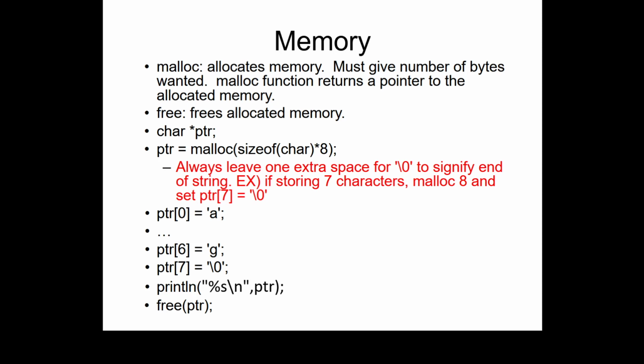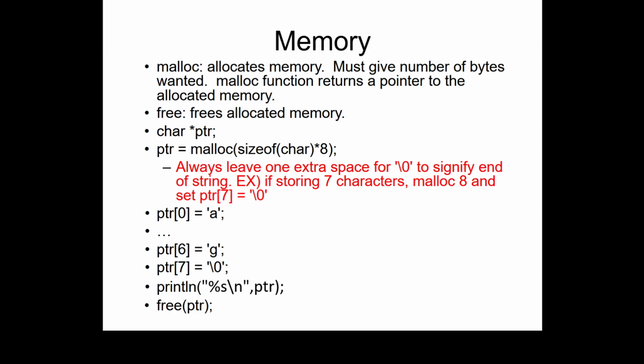Well, you could create a character pointer, right? That's all arrays and strings are, is pointers. You can set it equal to malloc, and then sizeof char. Note that this is a character pointer, so we want to allocate a size of char, which is 1 byte here, times 8. So 8 bytes of data for us to be able to store this character array, this string that we want to store.